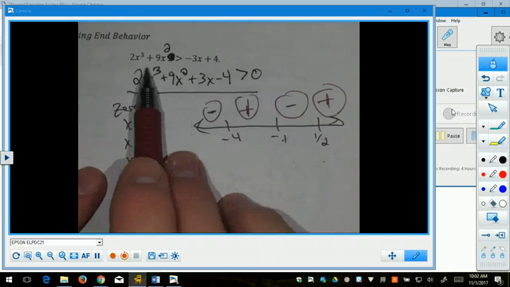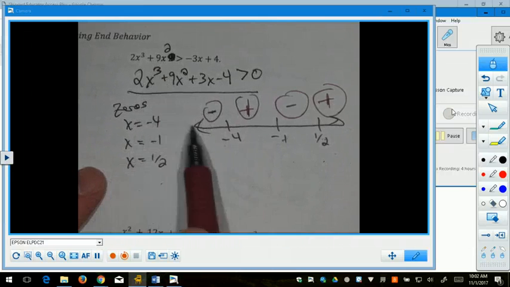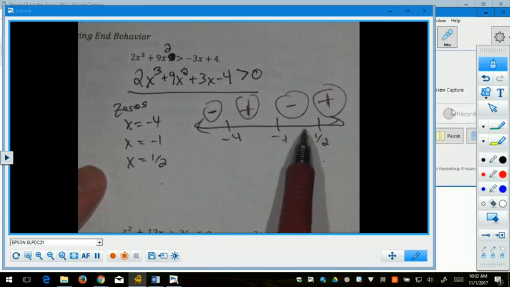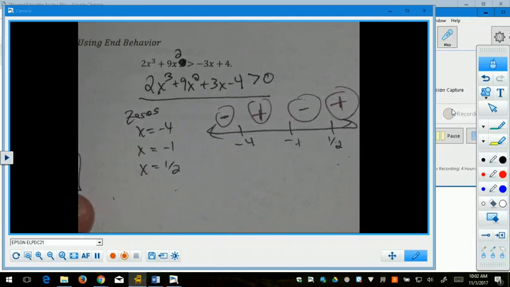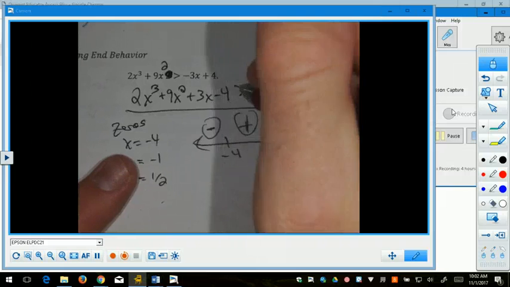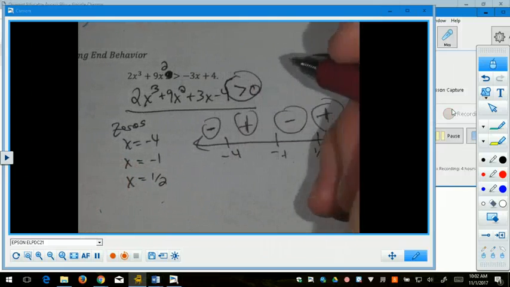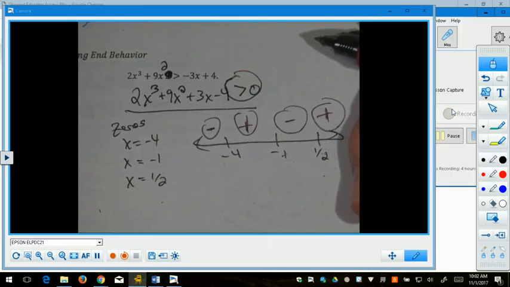If I'd only had 2 or just 1 for a cubic, then I would expect some multiplicity and I'd have to look carefully for what happened with the signs. So for my intervals, I want to know where it is strictly greater than 0.